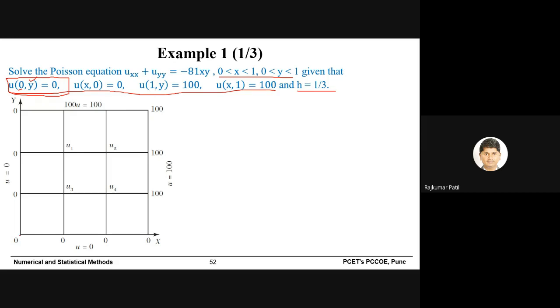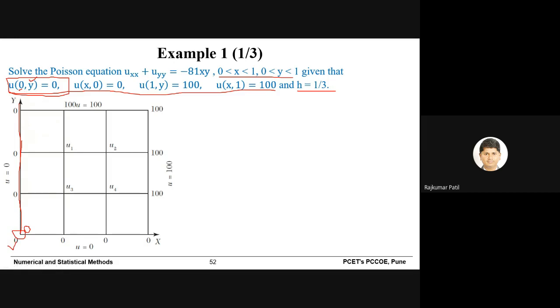So for the first vertical line, the value of x will be 0, right? And the starting value of y will be 0. So u(0, 0), this particular point, will take the value 0.